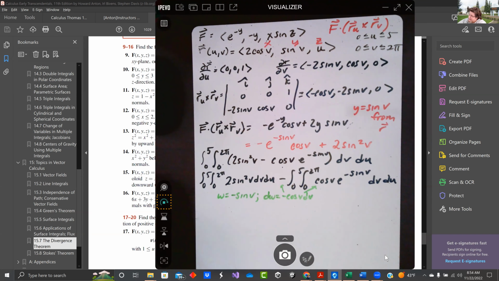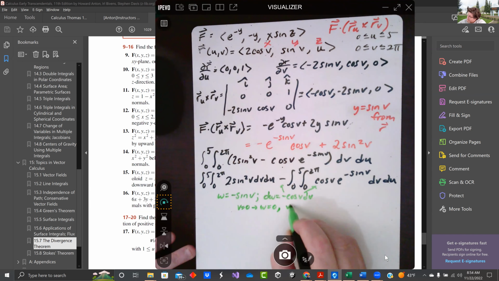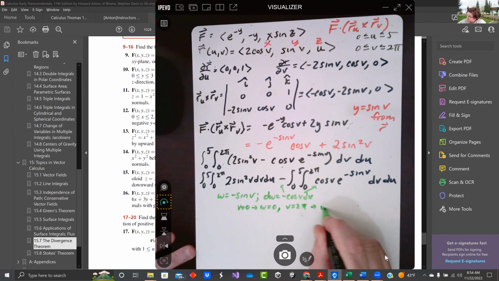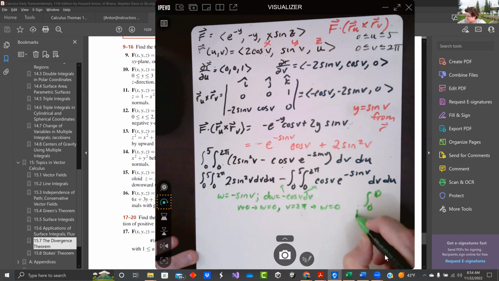This part on the right is just going to shift into, oh wait, limits of integration. When v is 0, w is 0. And when v is 2 pi, oh, look at that. Isn't that beautiful? w is 0 as well. So this entire thing goes from 0 to 0, and that's a dead integral.